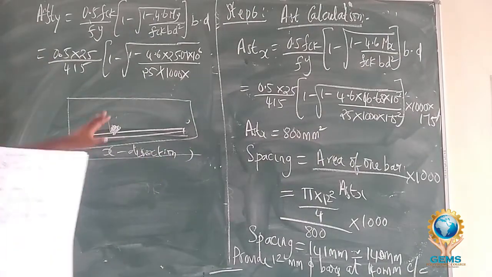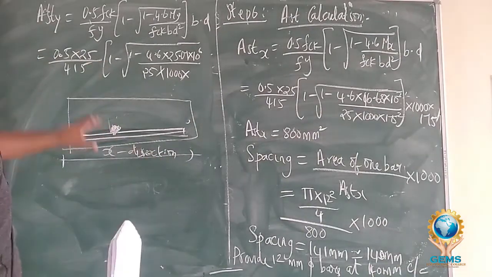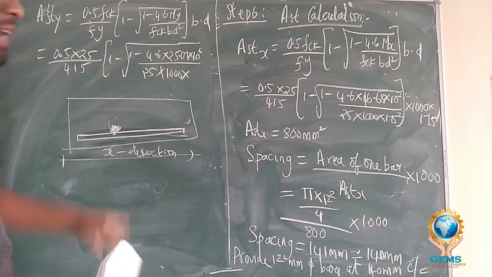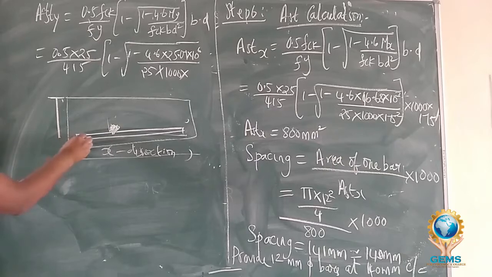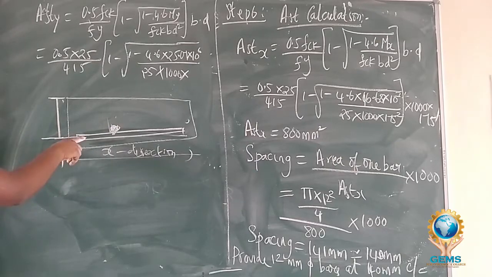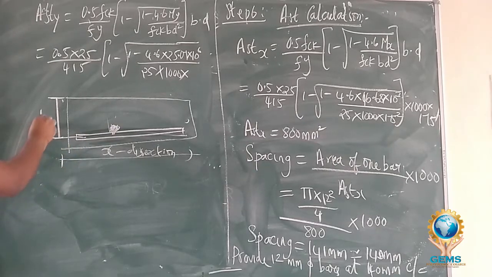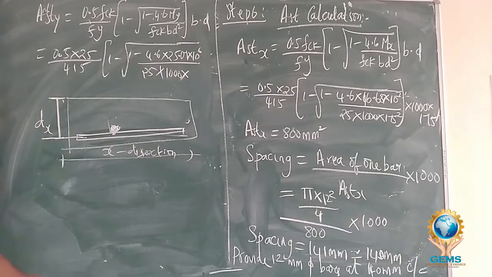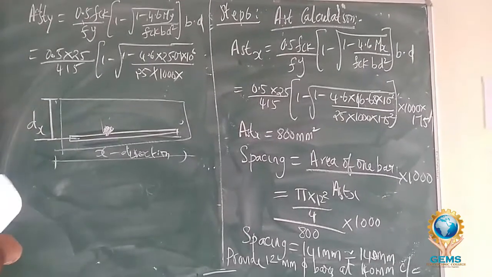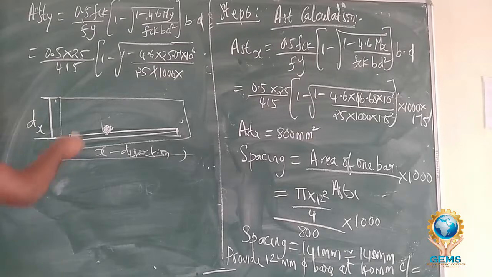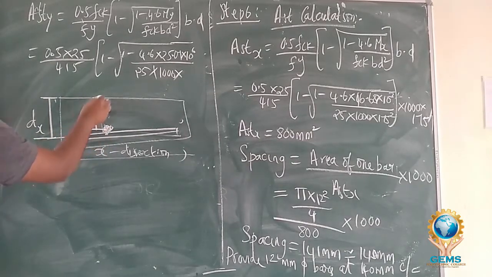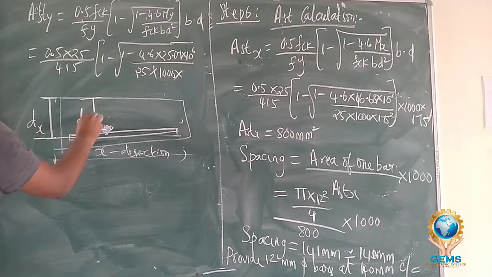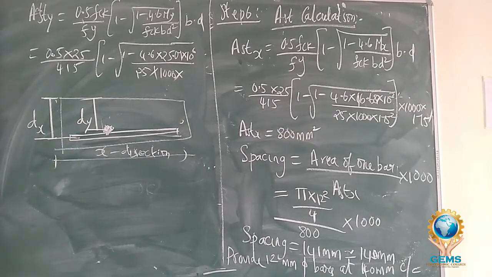The effective depth of the main bar in x direction will be the distance from here to the half of this bar in x direction. This is the effective depth in x direction. So then effective depth in y direction will be what? From here to here. This is effective depth in y direction. So then how will you calculate this dy?